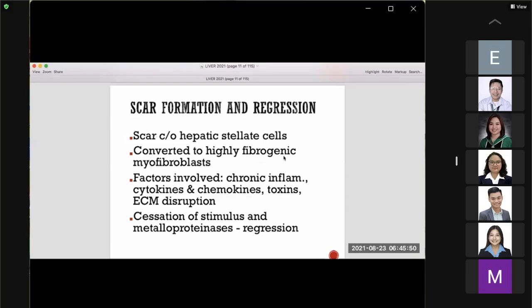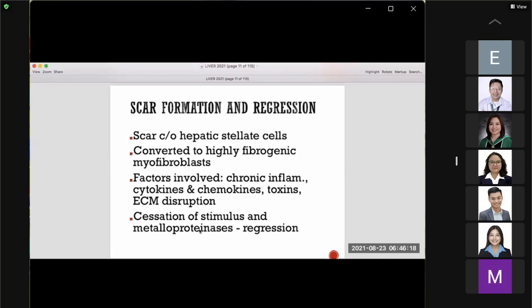It is converted to a highly fibrogenic myofibroblast, and there are several factors involved in the process. Of course, the presence of chronic inflammation, the release of inflammatory mediators, cytokines, and chemokines, the presence of toxins, and the presence of extracellular matrix disruption.